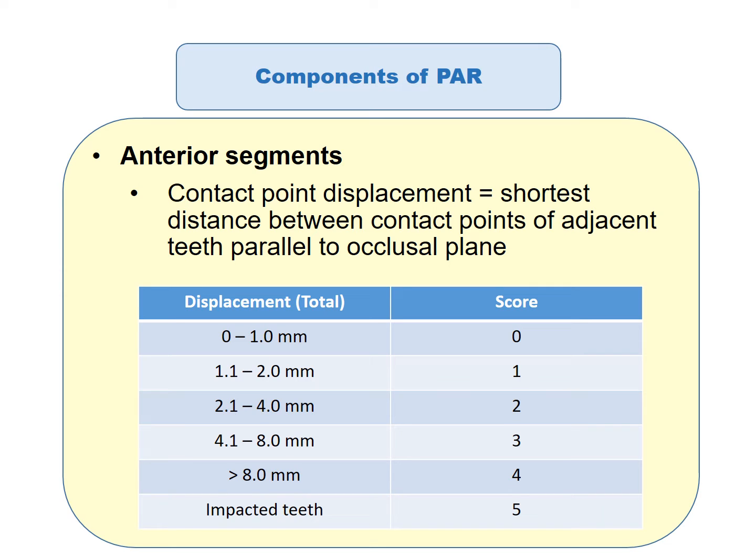The contact point displacement is considered as the shortest distance between contact points of adjacent teeth parallel to the occlusal plane, and this is the scoring scheme for the total displacement.